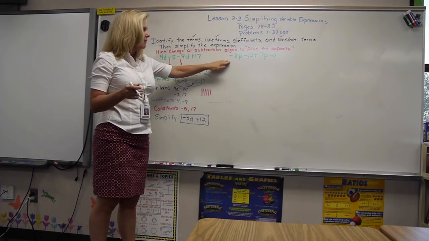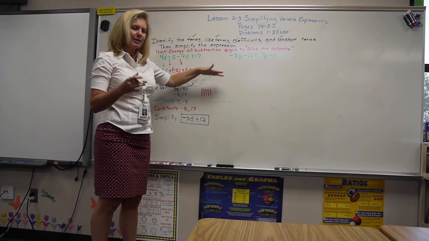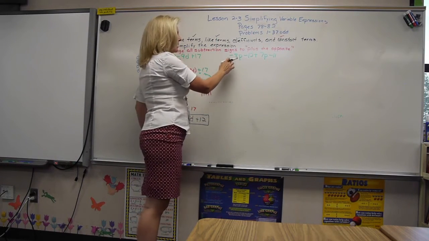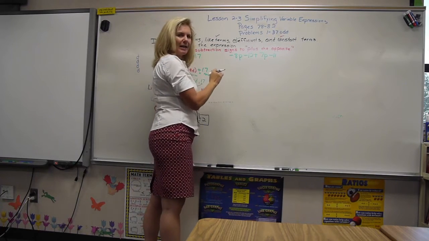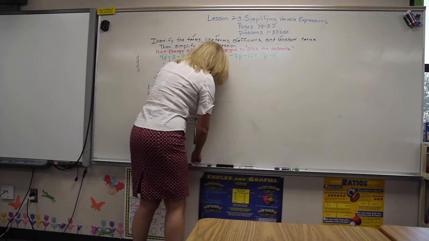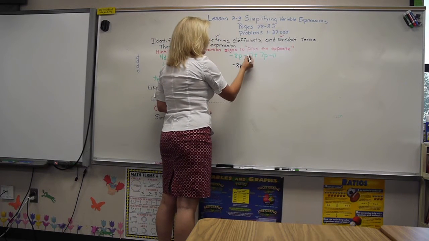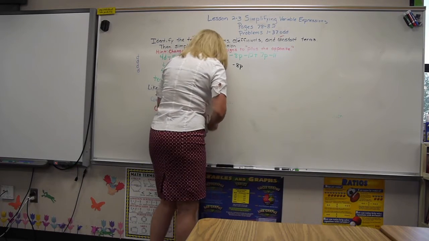Again, every time you see a negative, you're going to change the negative or subtraction to plus the opposite. Now notice, if it's the first one in the series, you don't have to worry so much because you can already see that's a -8p. But here, I see a minus.